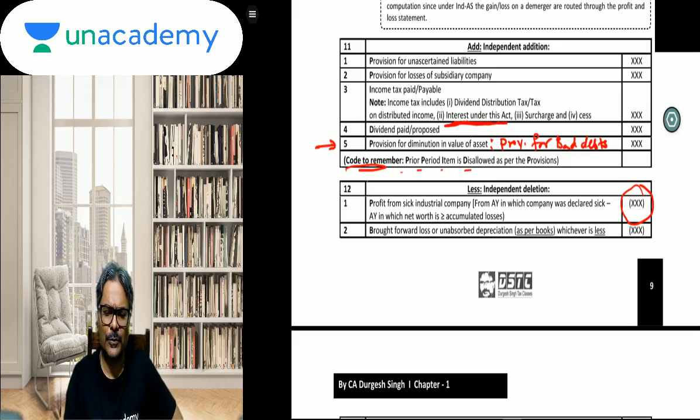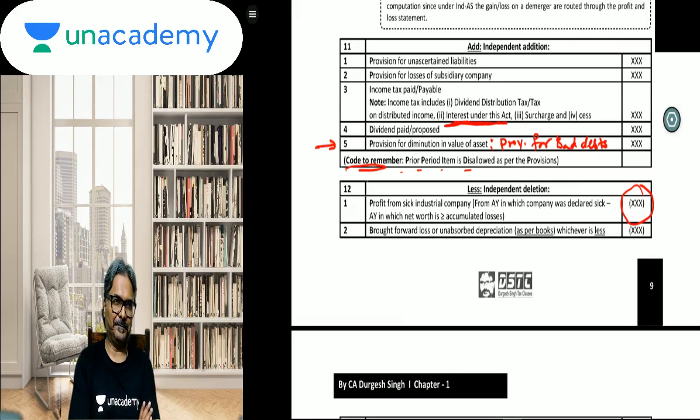Then point number 2, brought forward loss or unabsorbed depreciation, again as per book. Now this is the point. Please pay attention over here. So the company says that fine, you have the objection that before dividend we should take your interest into account.